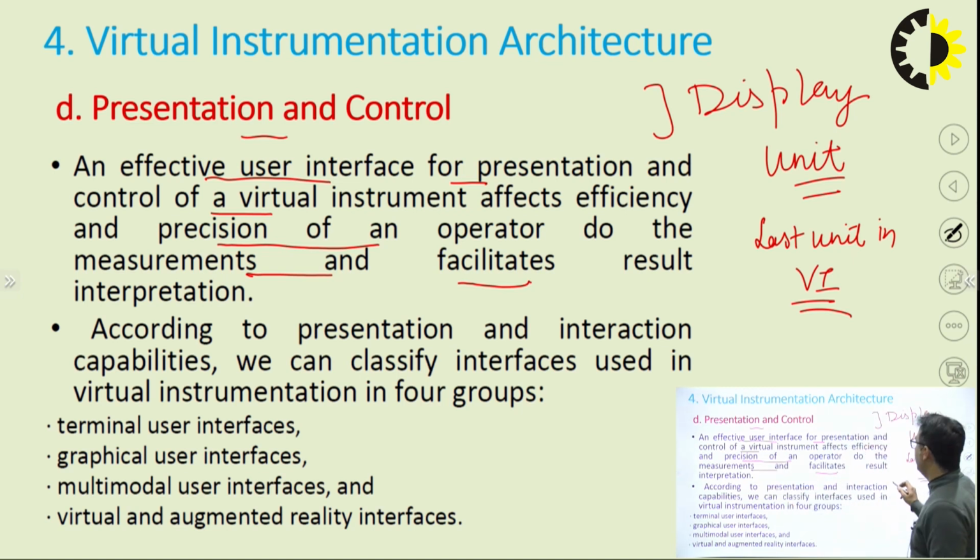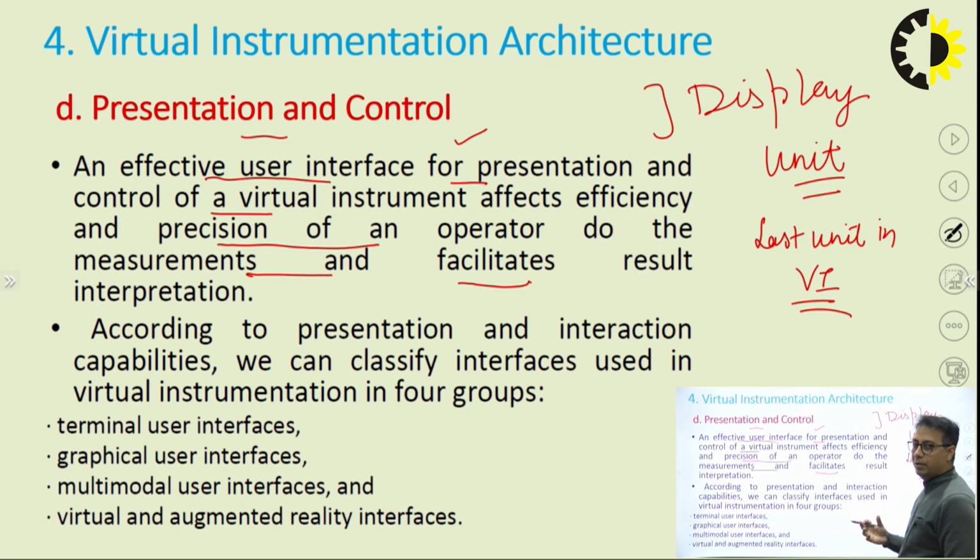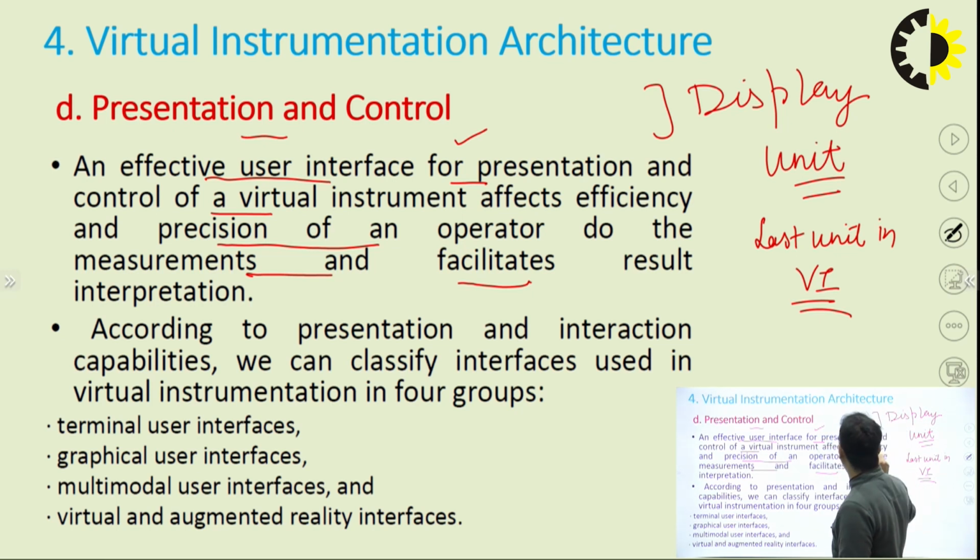What does it mean? Presentation has a major role in instrumentation, because every reading, every analysis is displayed in this unit, and this is the unit where the user is actually analyzing the results. If that presentation is not okay, then our interpretation may be wrong.